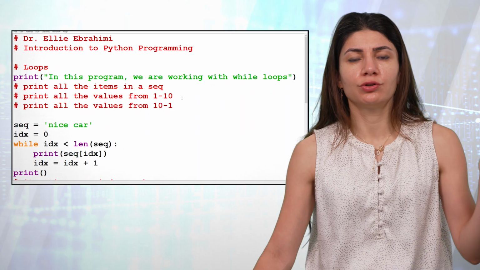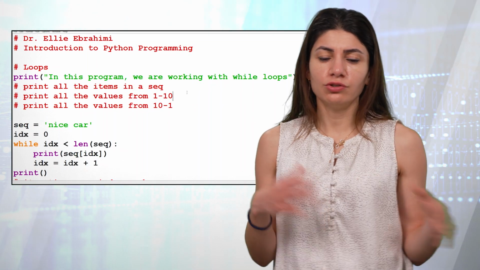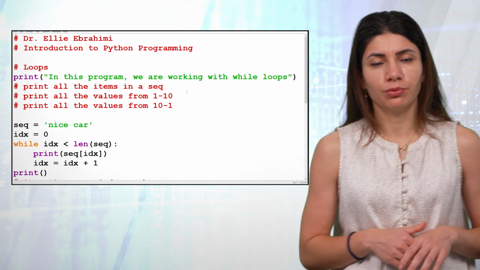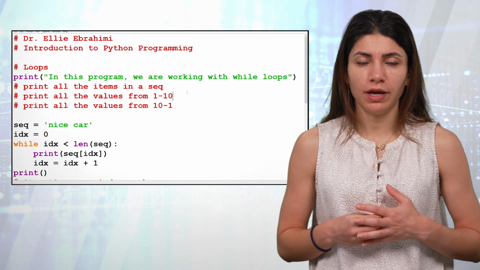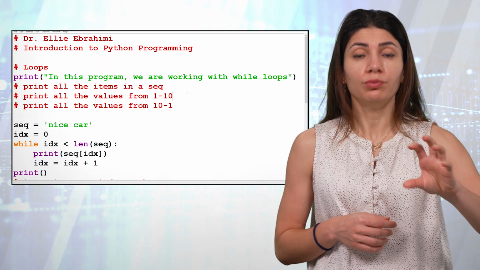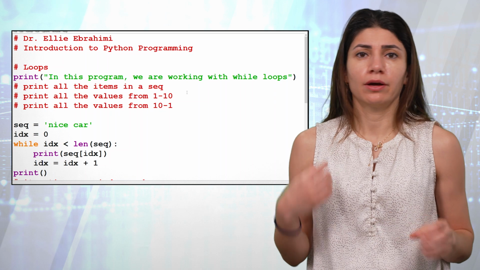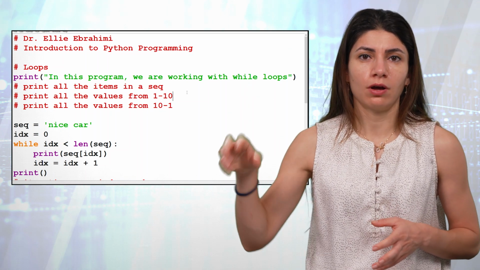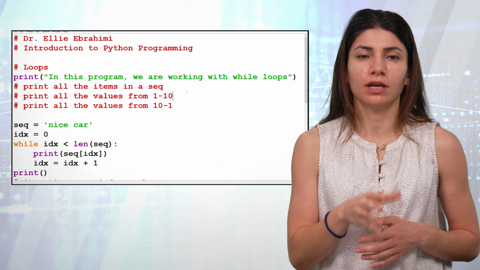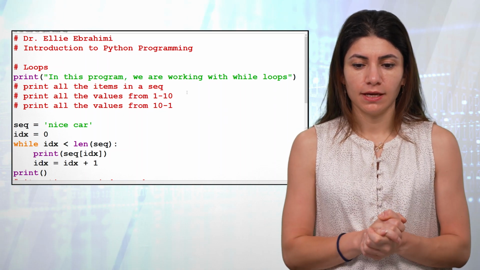Or 100 to 150, 150 to 100. Just do examples like that to get very comfortable with writing loops, all right? At some point, you should be very quick and be able to write a loop in general. If you see a pattern, you should be able to write the loop in like a couple of minutes, all right? And then you should focus on the problem solving of it rather than thinking about what you should put there to create your loop, right? Alrighty.